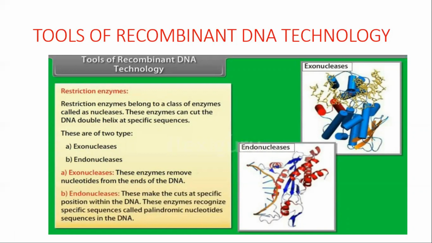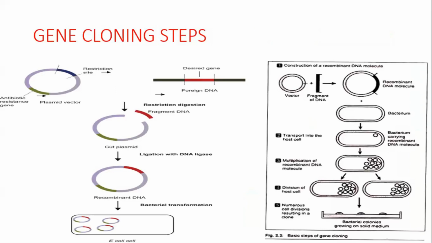Whereas endonucleases, endo means inside. It is not an apt word to use here, but what I can say is they make cuts at specific positions within the DNA. If you observe the gene cloning slide, here we have put this restriction site. This blue color is the restriction site.